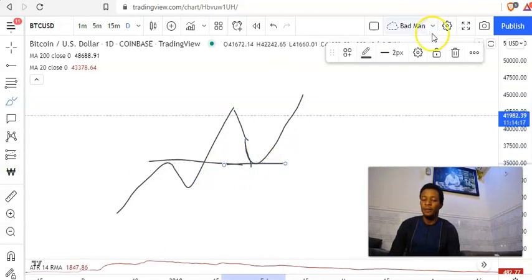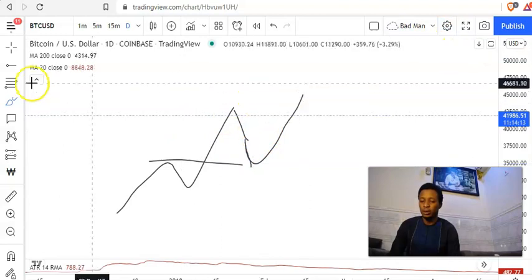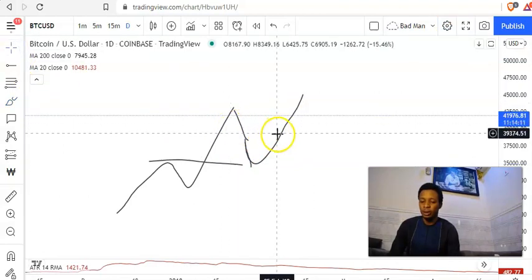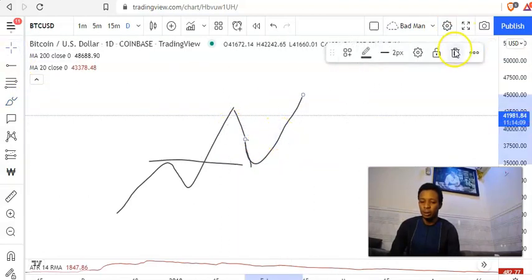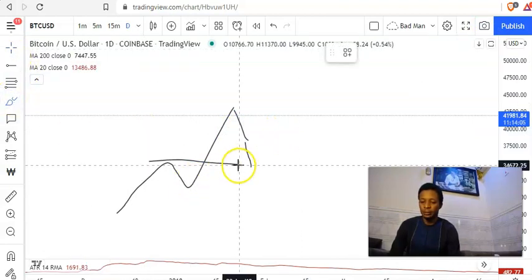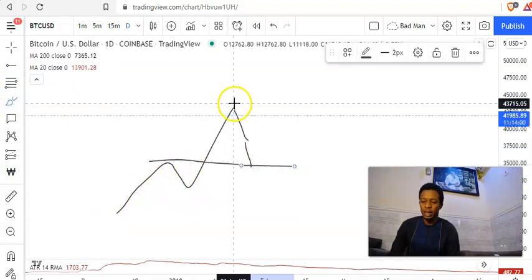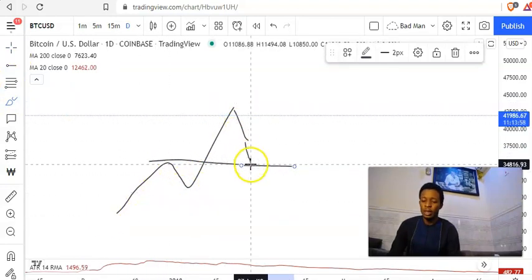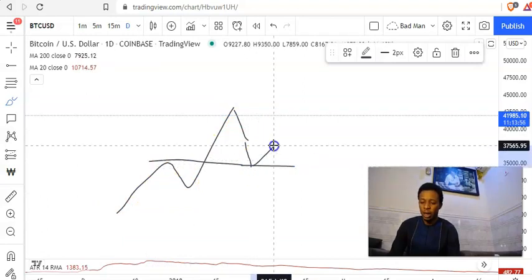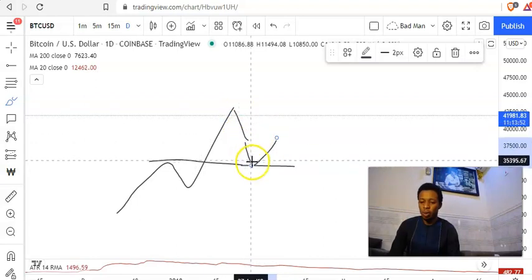And for the complex pullback itself, we want to see a market that, after breaking out and creating these highs like this, comes to this point, rejects a bit, then gives us another leg equivalent to this or more than this.